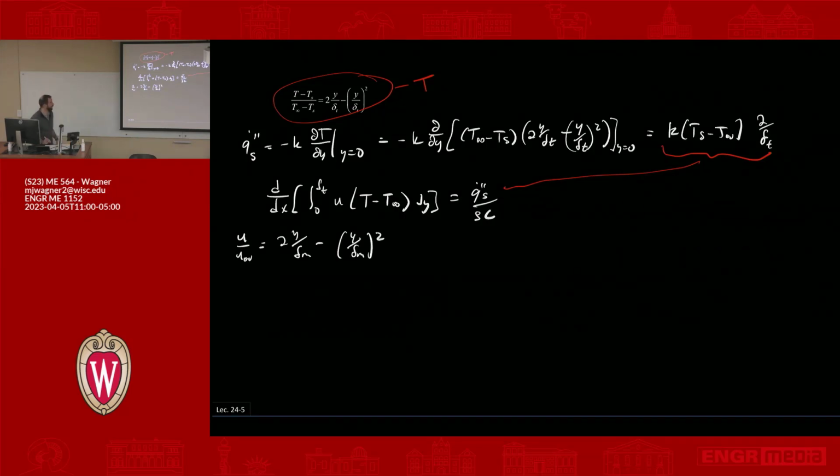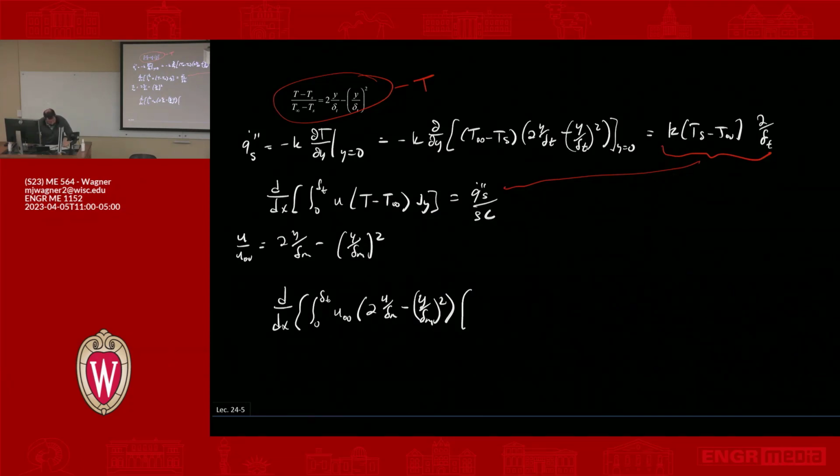So if we substitute all that into the integral form, we get d dx of the integral from 0 to delta t of u, so u infinity times 2y over delta m minus y over delta m squared, times temperature.